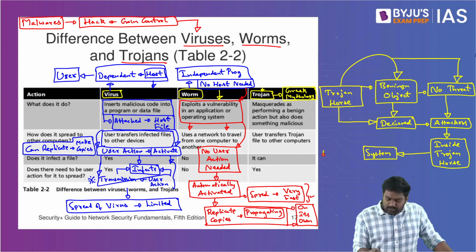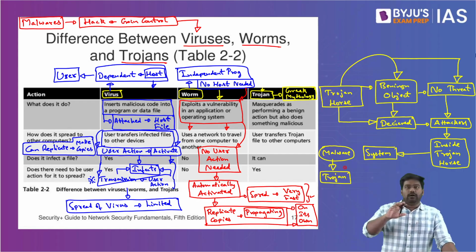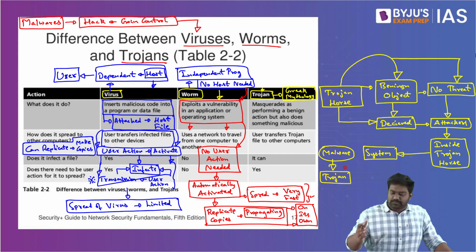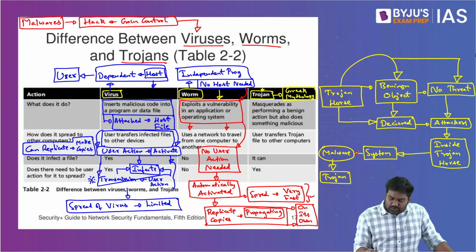The moment you bring it onto your system, the actual malicious code will be hidden inside the Trojan. The Trojan is just an outer layer. On the outside, it looks just benign, inanimate, posing no threat to you. But the moment you bring this Trojan onto your system, automatically, the malware gets released.